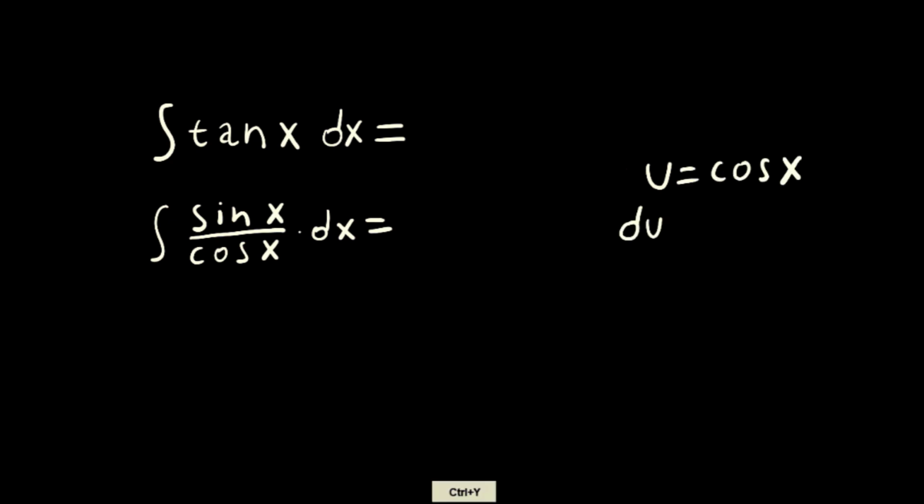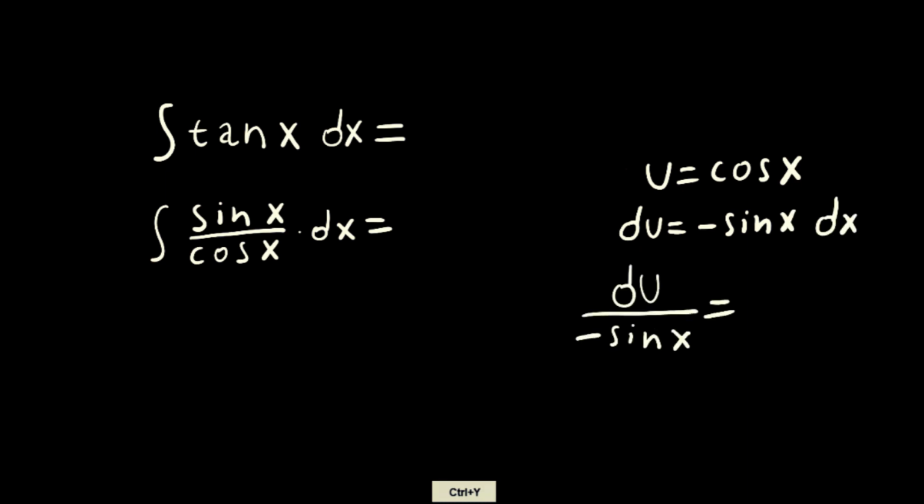If we do that, the derivative of cosine is going to be negative sine, and if we solve for dx, it's going to be du divided by negative sine. Notice that the sine variable will cancel.